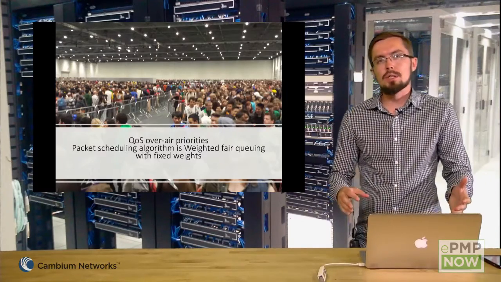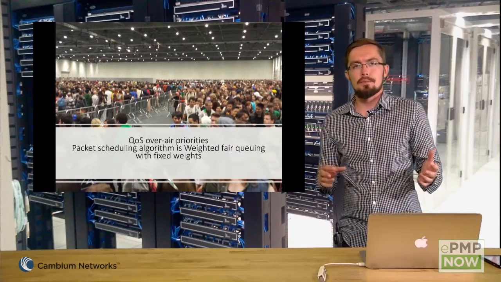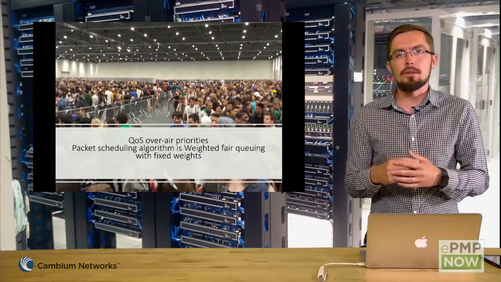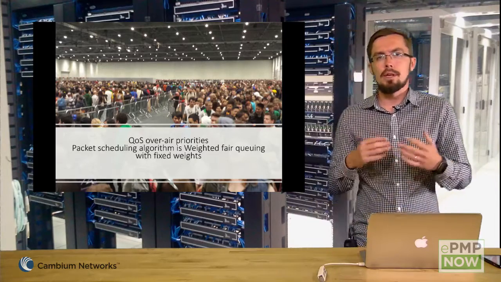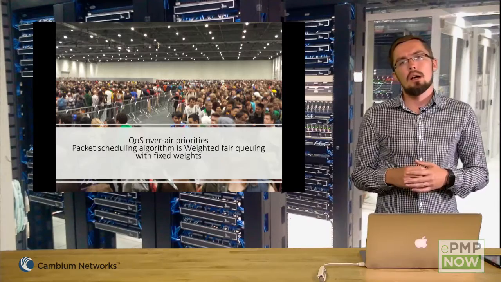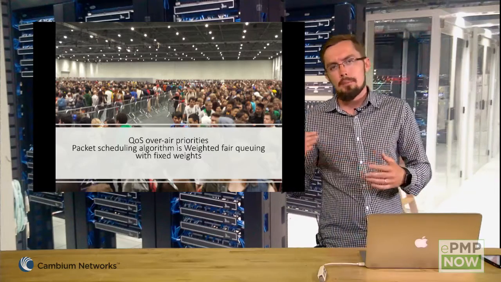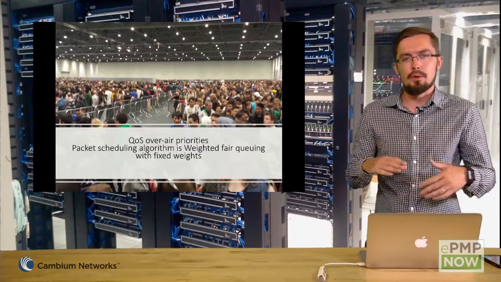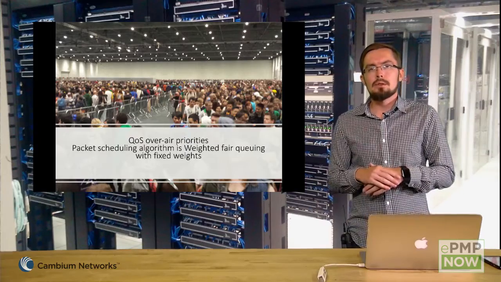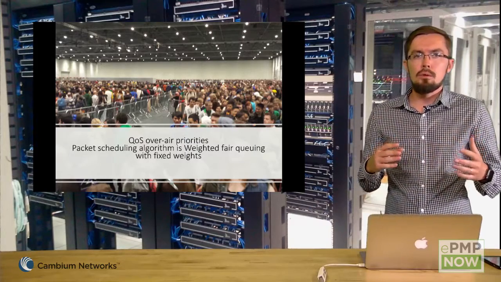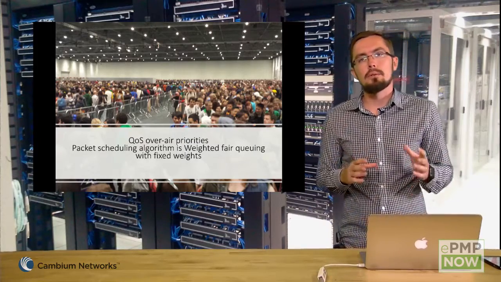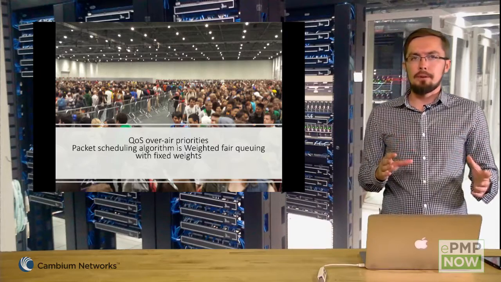So how do those priorities work? As I told you, there are 3 different queues for each subscriber: the voice priority queue, the high priority queue, and the low priority queue. There is a mechanism called weighted fair queuing.